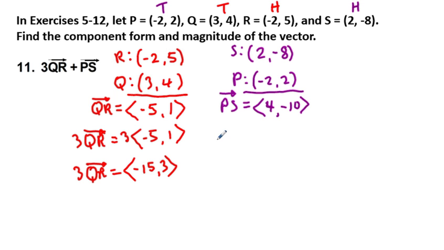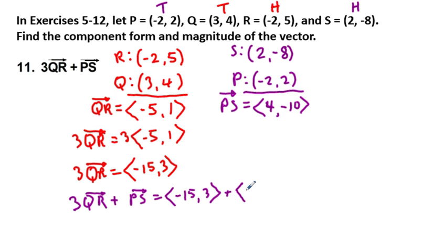So 3QR plus PS is equal to -15, 3 plus 4, -10.